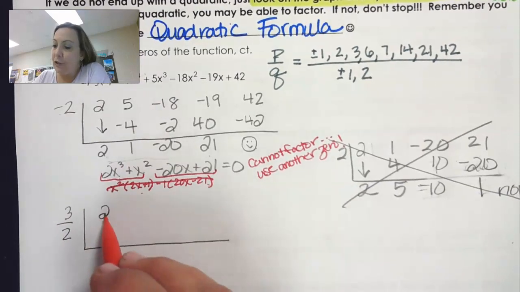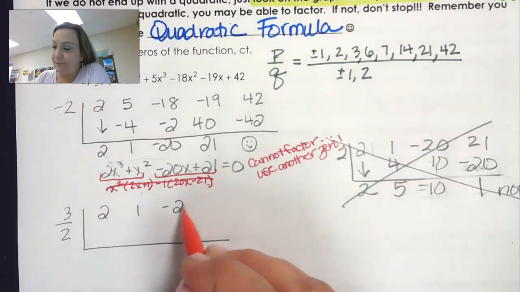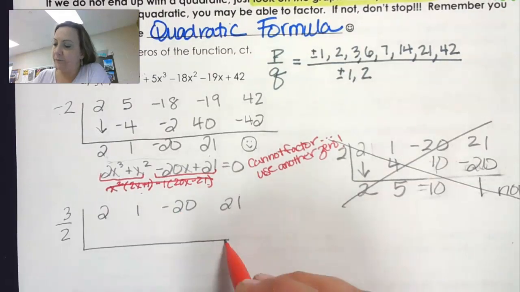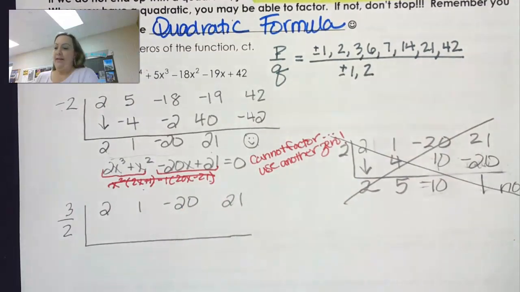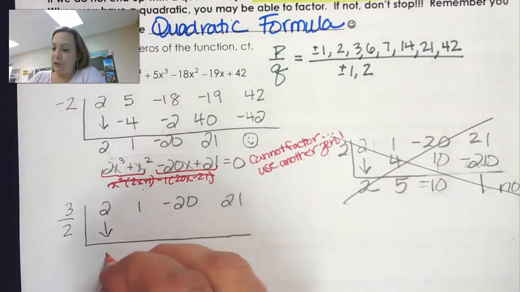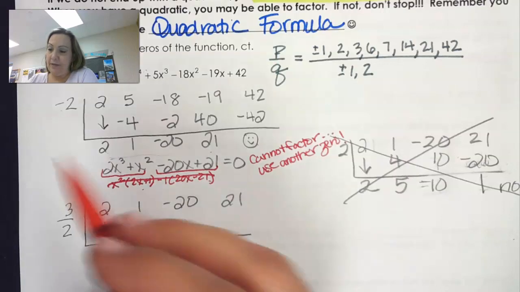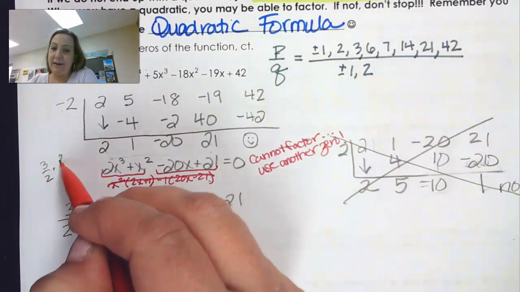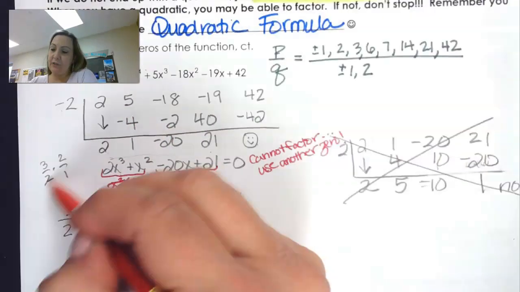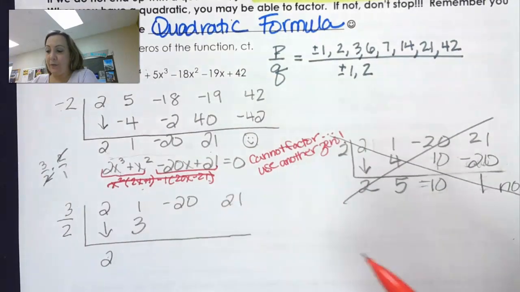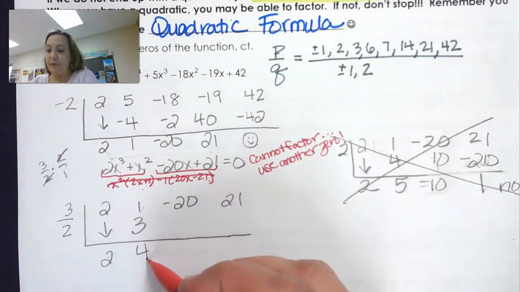Again, I'm going to use the new coefficients. Okay. And I'm going to bring down the 2. And then I'm going to multiply 3/2 times 2. Okay, if you need to write it out to look, that's fine. Notice the 2's cancel. We end up with 3. 1 plus 3 is 4.